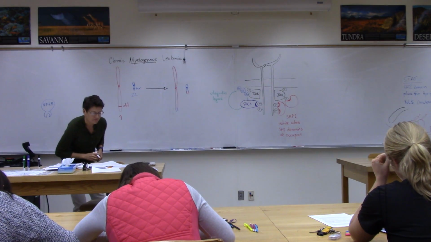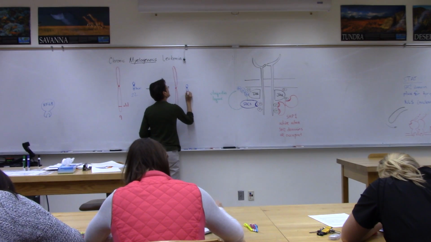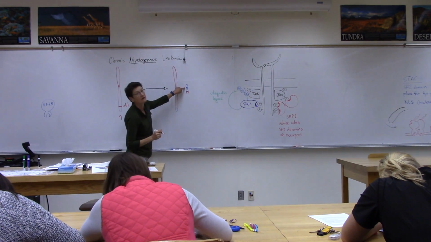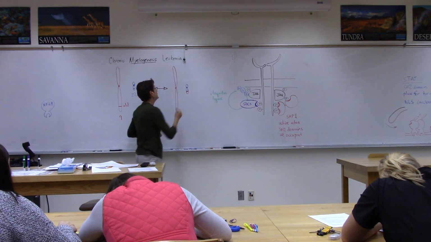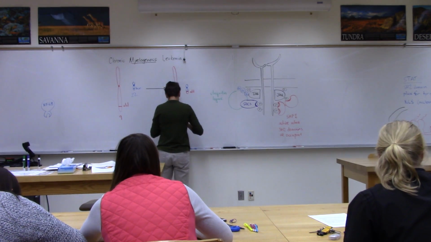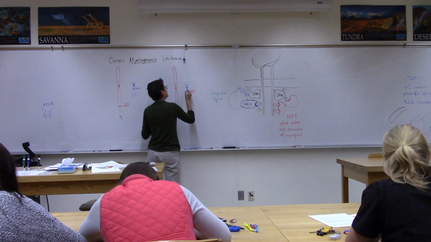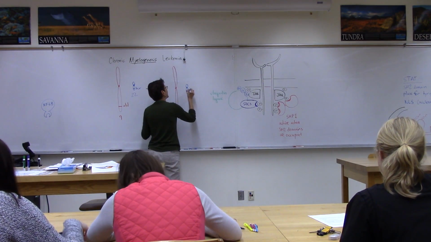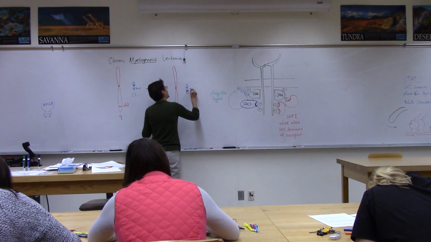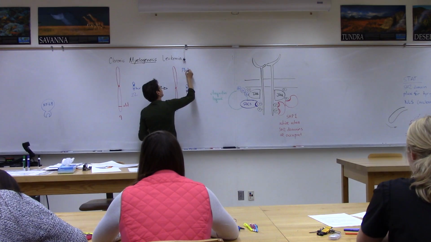Okay, which one is the Philadelphia? This teeny weeny one that has the centromere of chromosome 22 has ABL, and that gets fused to the gene BCR, and this is called the Philadelphia chromosome.